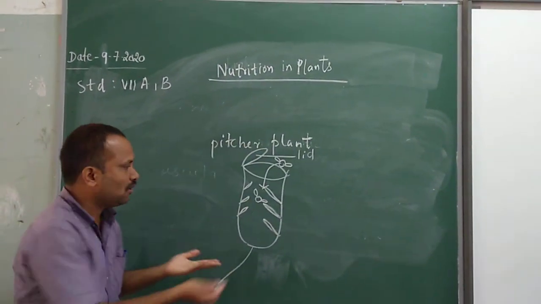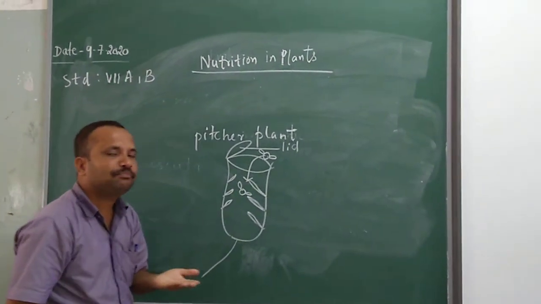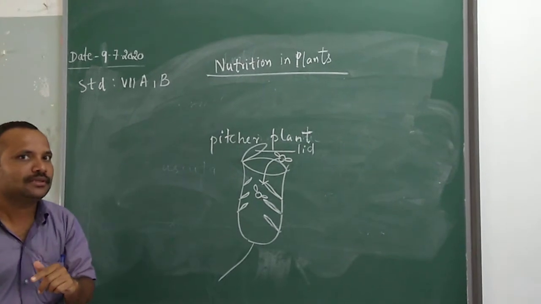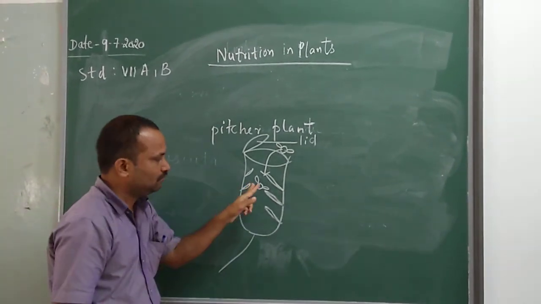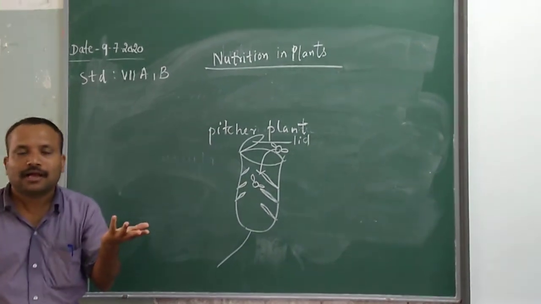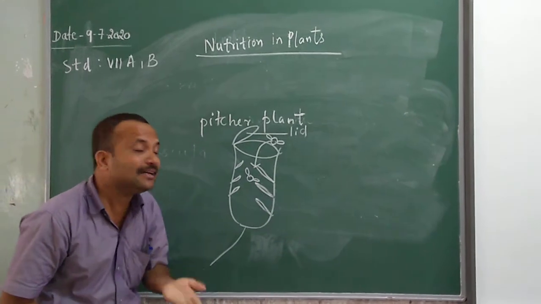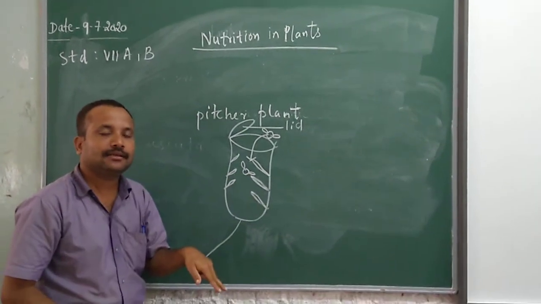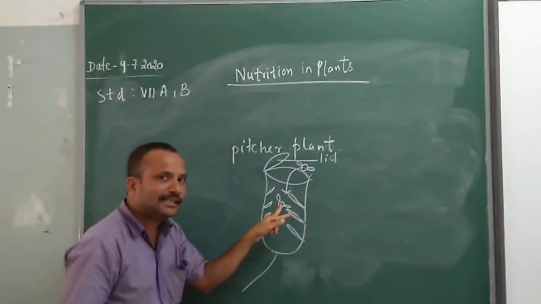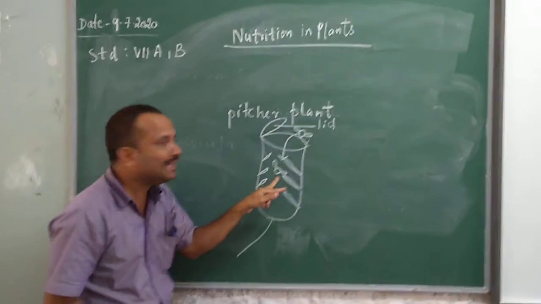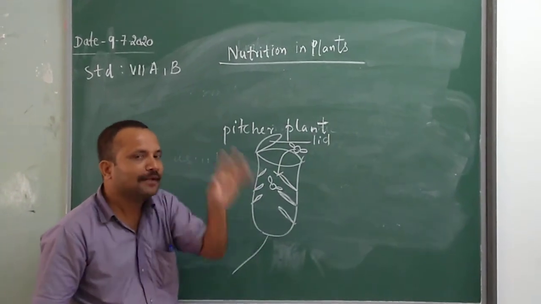The finger-like projections will secrete a kind of juice. Because of that juice, this insect will die, and the nutrients which were present in the insect are absorbed by the pitcher plant, and the plant can grow very well.